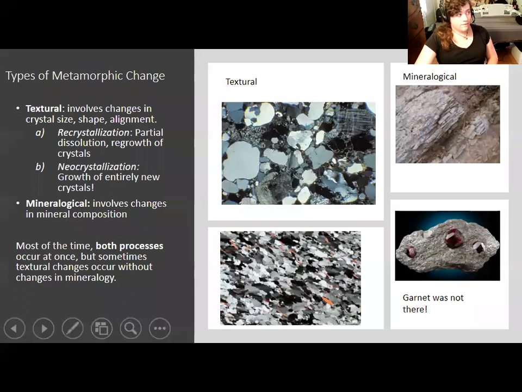And I mentioned that metamorphic processes involve changes in either mineralogy or texture. Most of the time, a rock that is being metamorphosed is going to see changes in both the minerals that are involved as well as the texture. Now, on the left side actually is one example of a rock changing that doesn't have much of a mineral change.